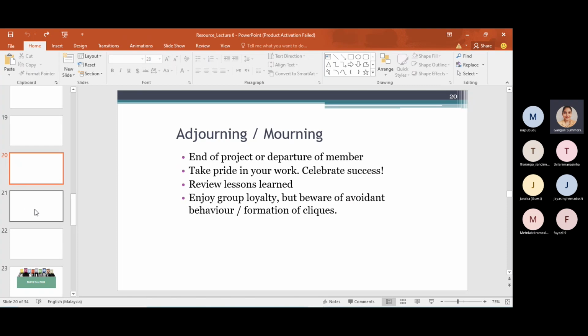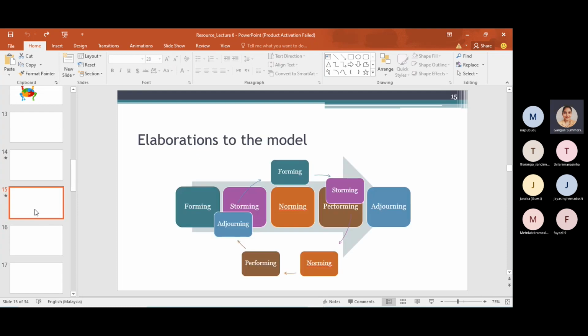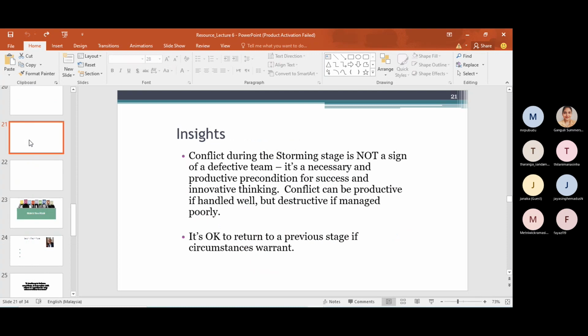So guys, basically these are the stages mentioned in Tuckman's model. These are a few things that you need to understand about the model. We discussed that during the storming stage there can be frustrations and conflicts.